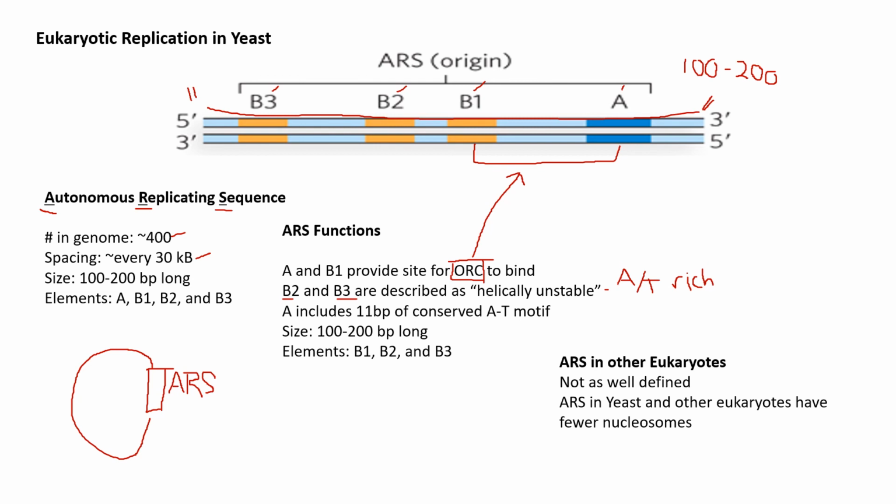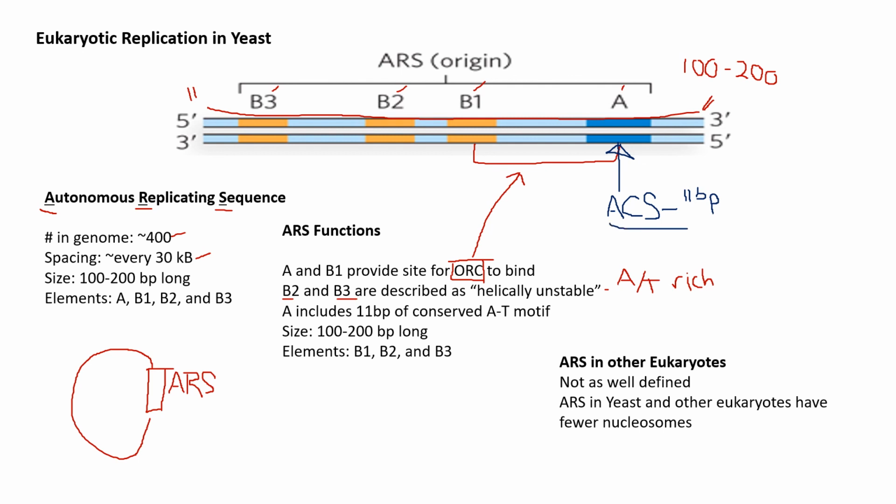And then within the A element itself, there's a specific 11 base pair sequence that's called the ACS, which is 11 base pairs long, that is AT-rich, extremely AT-rich.